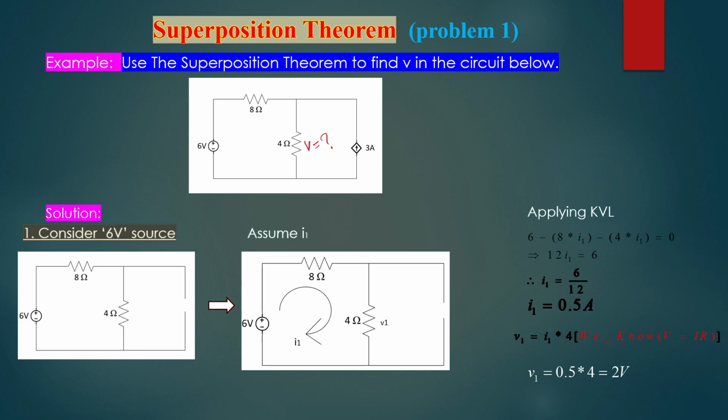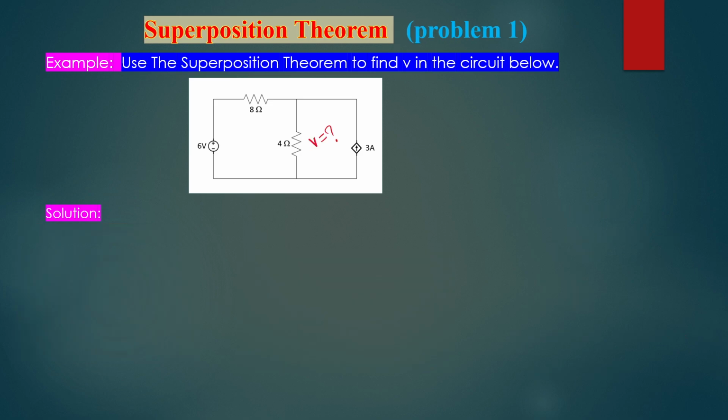Okay, for the next phase of this solution, we will consider the 3 ampere current source, and we'll remove the 6 volt voltage source by making it short circuit.